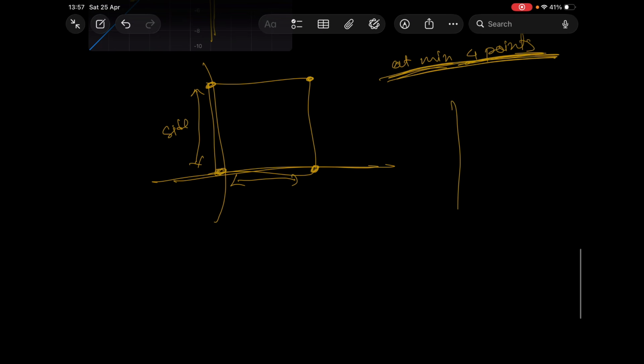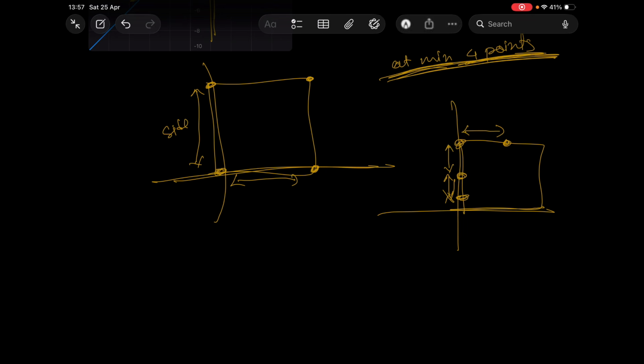Now let's say we have these 4 points and we don't place them at the corners, let's say I place them here, here, here, here. Now, among these 4 points, this is the minimum distance, and this is the length. So what is the minimum that can be possible?